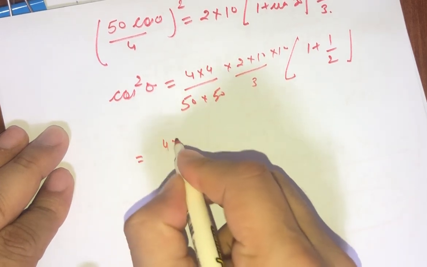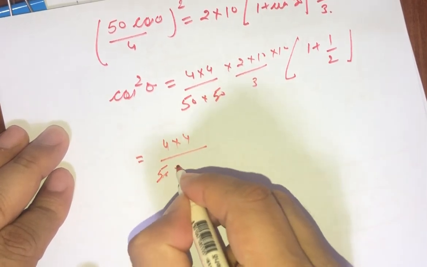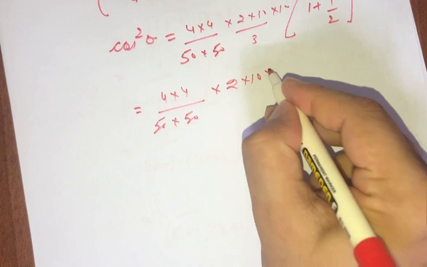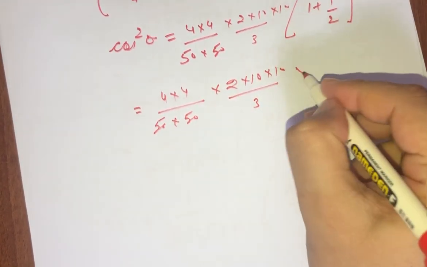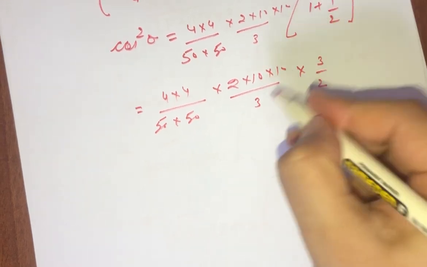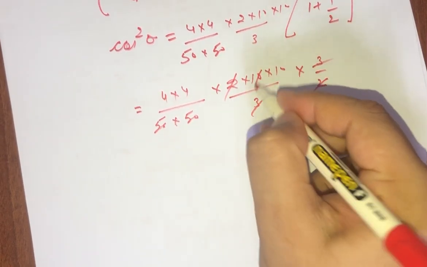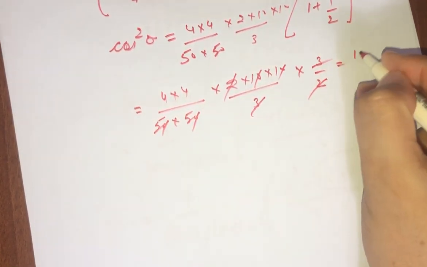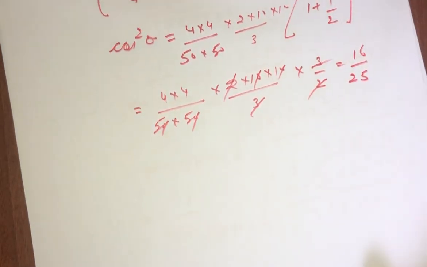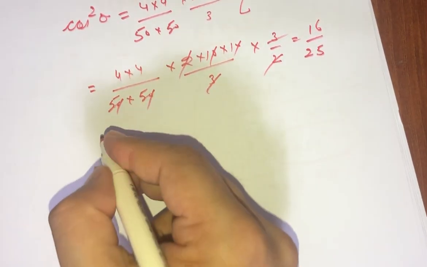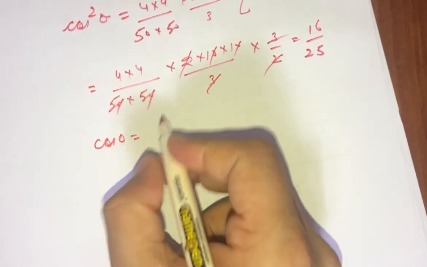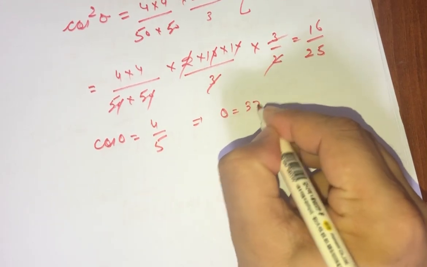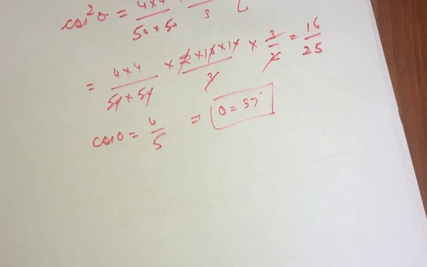This will be equal to 4 into 4 over 50 into 50, times 2 into 10 into 10 divided by 3 multiplied by 3 by 2. 3 goes with 3, 2 cancels out 2, 10, 10, 10, 10, and we are left with only 16 by 25. So we can say that cos of theta is equal to 4 by 5. This implies that theta will be equal to 37 degrees. This is our first part.